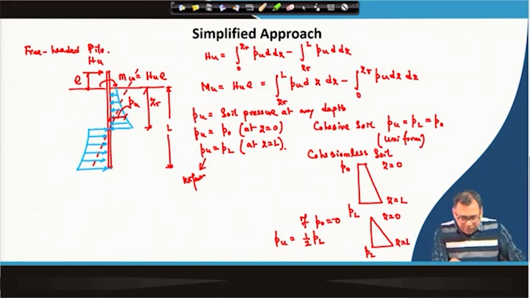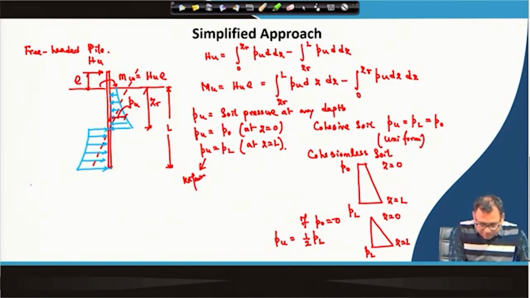Now for the uniform case, the distribution of the pressure will be something like this.